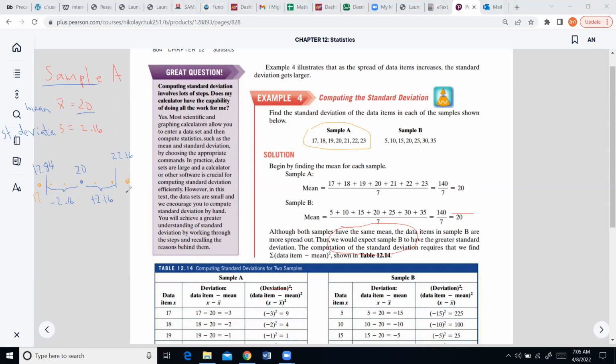So a couple of sample elements are on the outside of these boundaries, but it gives you an idea of where they all are. All elements don't have to be inside of these borders, 17.84 and 22.16, but they're close to them. And that's the idea of standard deviation. It shows you how far sample elements are spread from the center, from the sample mean.